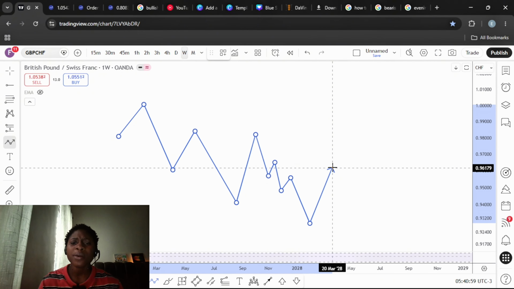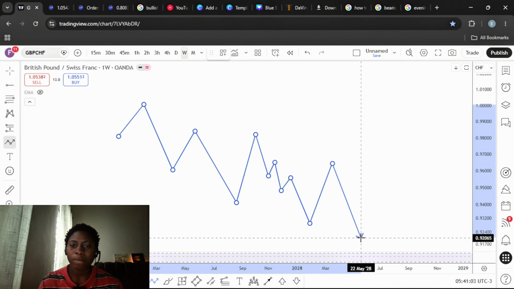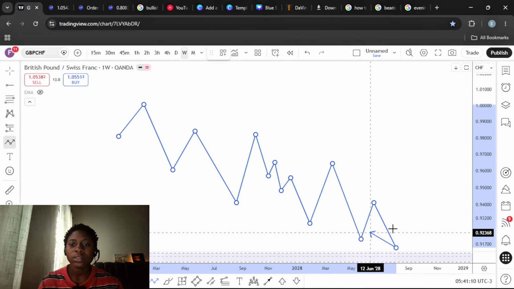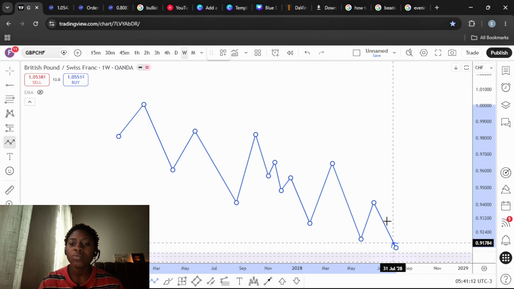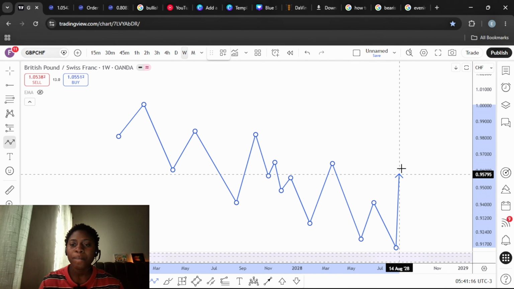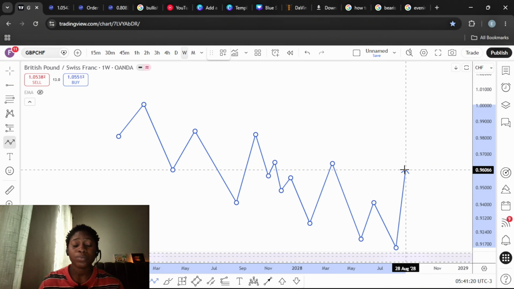So let's say price moves from here and goes further down, right? It does that again and again. And then this is a what? A downtrend. The moment price hits this previous lower high, we're now expecting that the structure is about to shift from a downtrend to an uptrend.